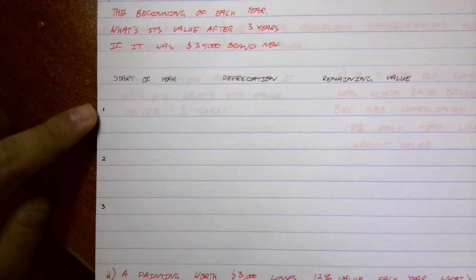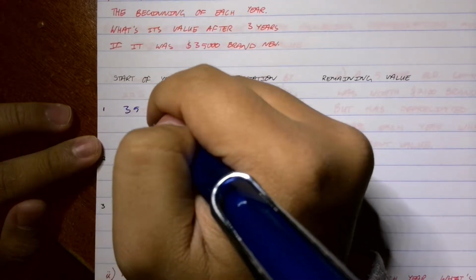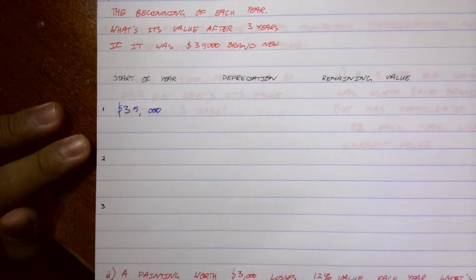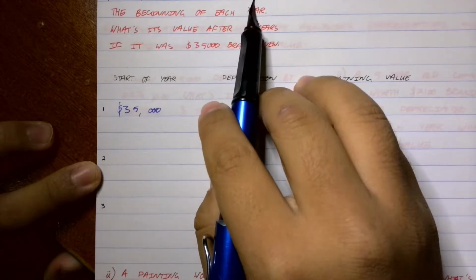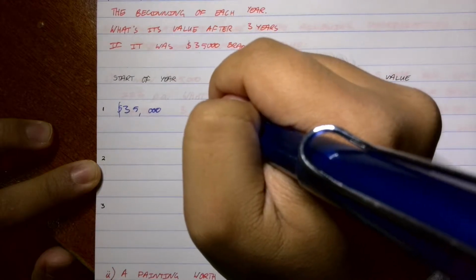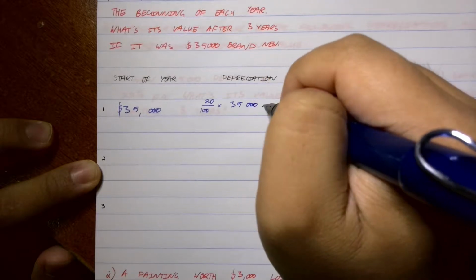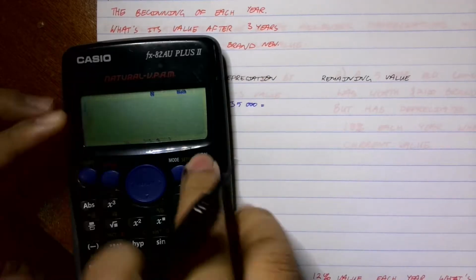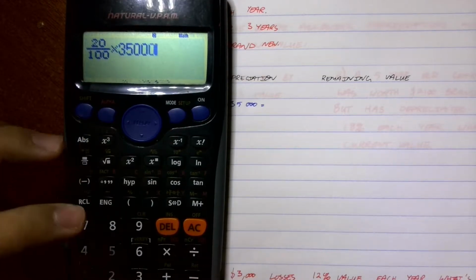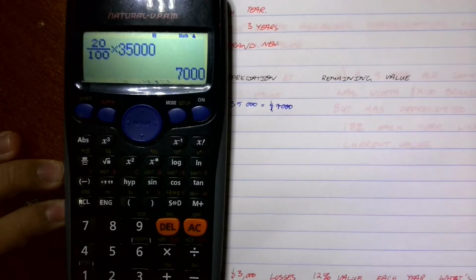At the beginning of the first year, it's brand new, so it's worth $35,000. How much it depreciates by is 20% of its current value. So it's 20 over 100 times $35,000. So it loses $7,000 in its first year.